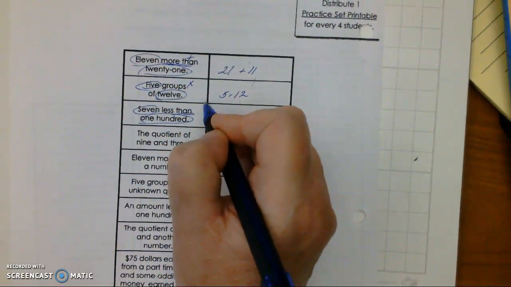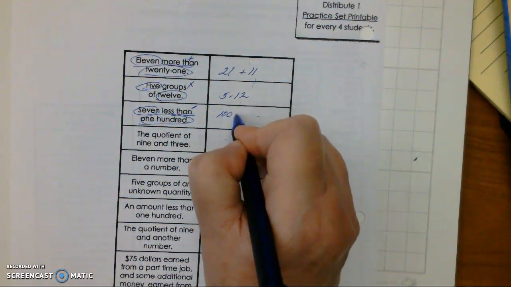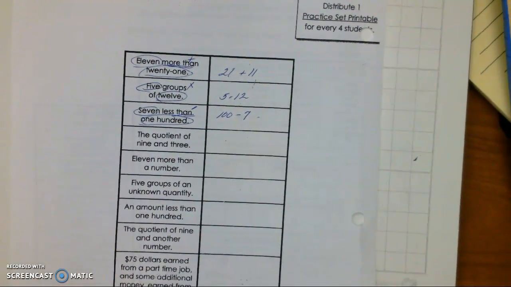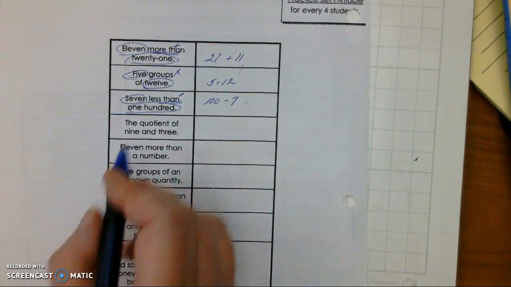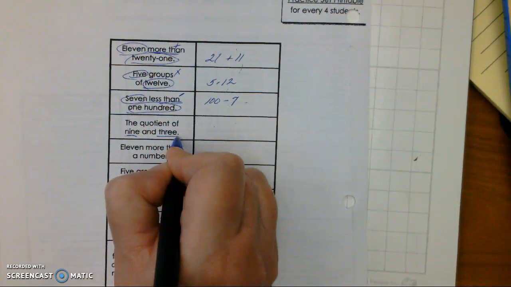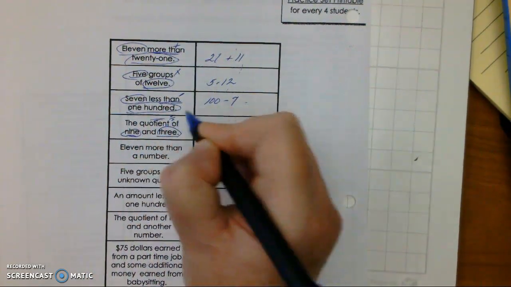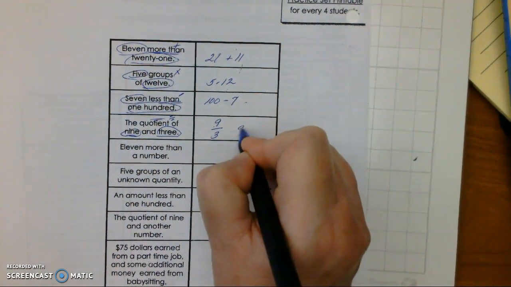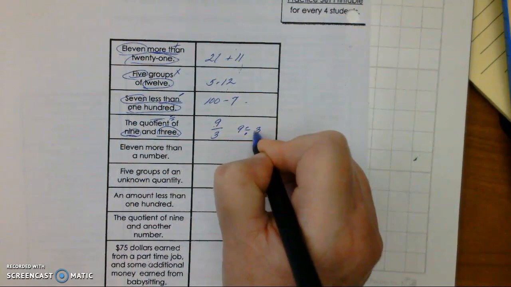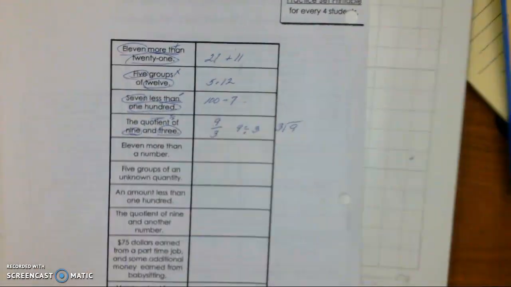Less than is subtraction. So 100 minus 7. The quotient of 9 and 3. So we know our numbers are 9 and 3. The quotient is division. 9 divided by 3.